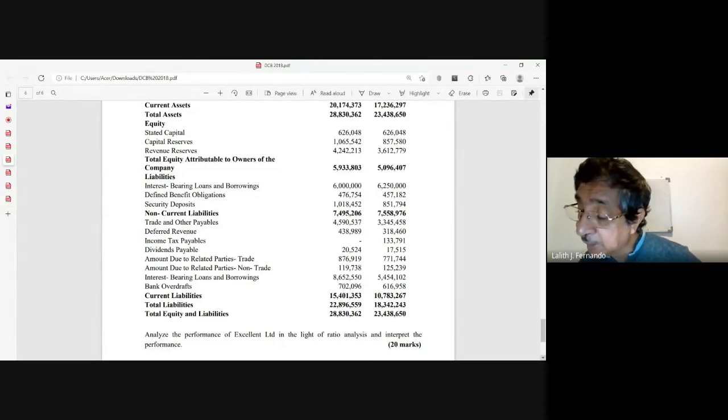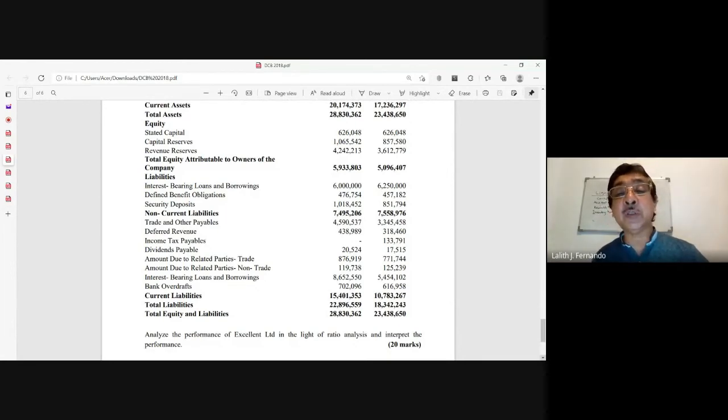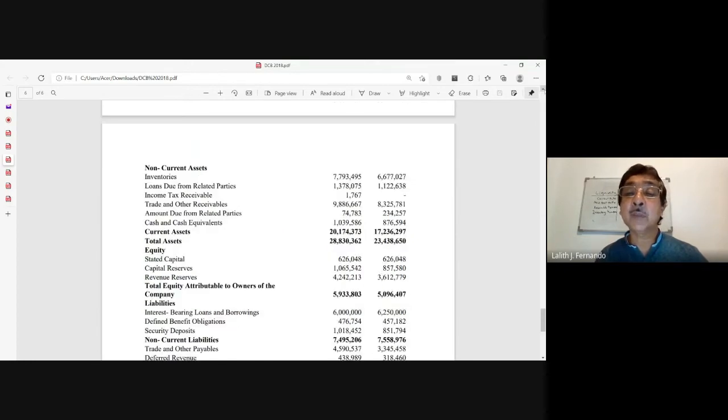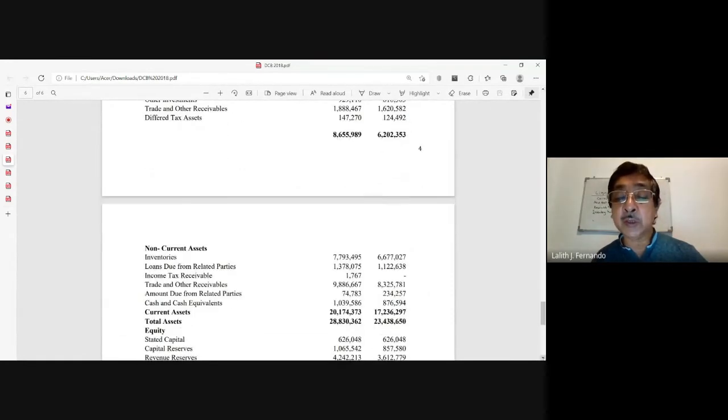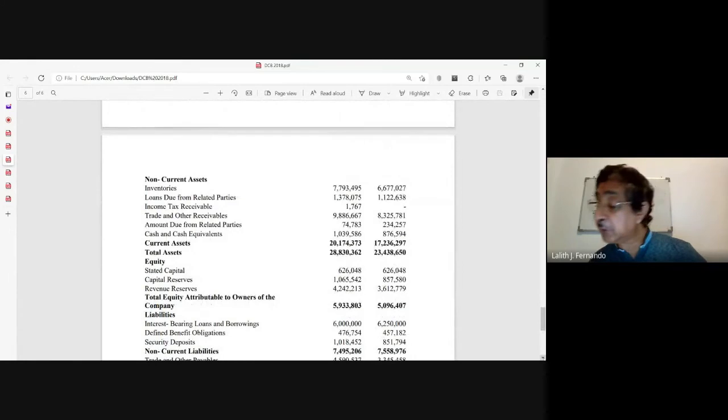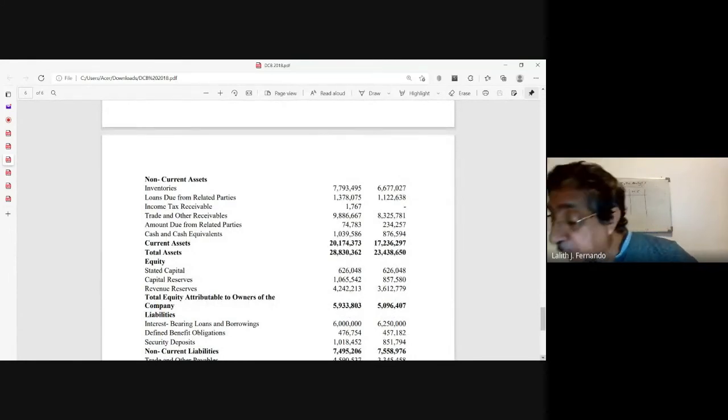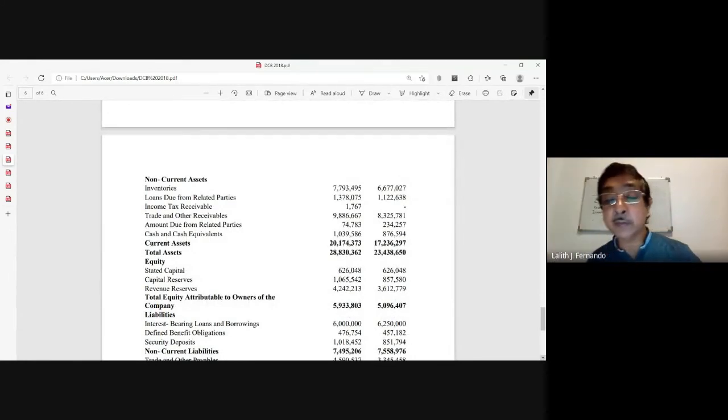That comes to 1.30 or 1.309, and it can be taken as 1.31. That is the current ratio for 2016, because it's given on the left side, and on the right side you get 2015.